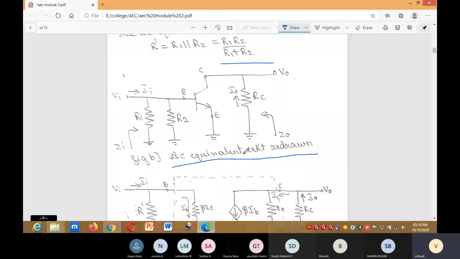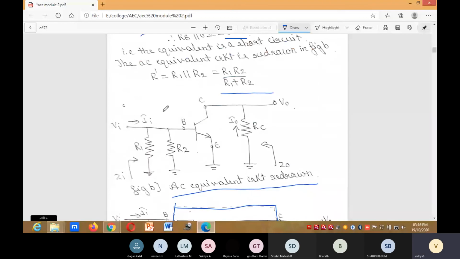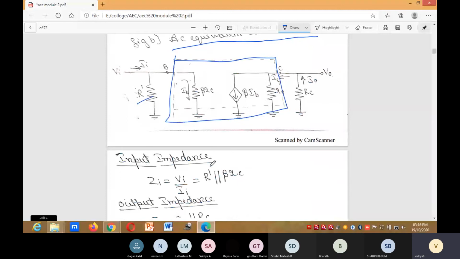Next, we need to add the re model, with IB, beta IB and r naught. This is the re model. R dash is nothing but R1 parallel R2, and RC is common.